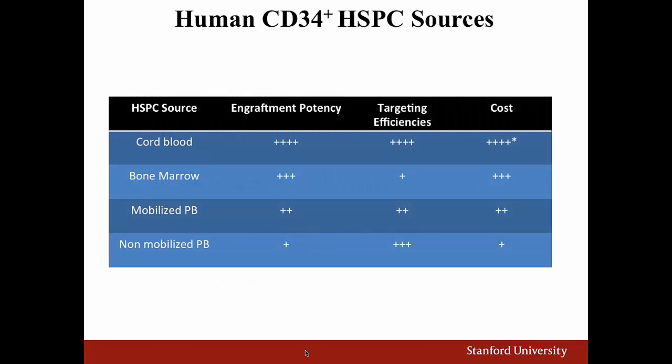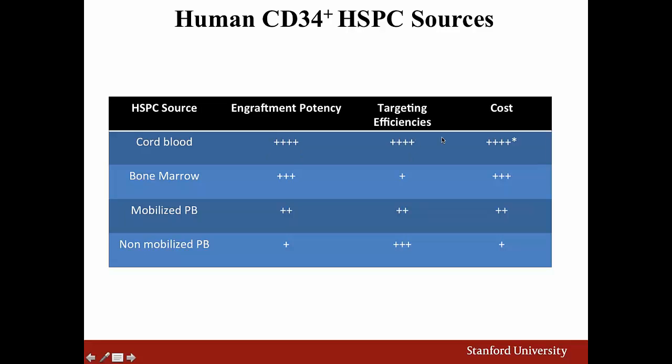So human CD34 positive sources, there's a variety of sources. I made this table, and over here on the left are the different types of sources. I broke it down into the source type, the engraftment potency, the targeting efficiencies in our hands and what I've gathered from the literature, and of course cost. Cord blood has the best engraftment potency.